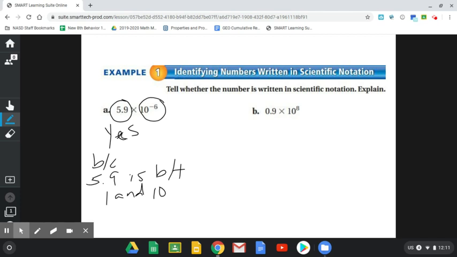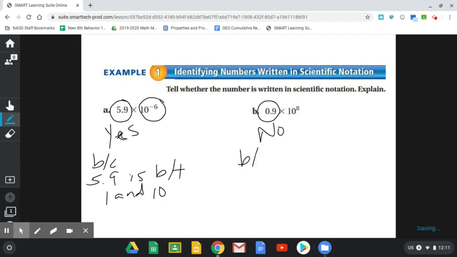All right, in example B, we're going to take a look at our first factor. Our first factor is 0.9. This is not between 1 and 10. It's less than 1. So therefore, automatically, this is a no. This is not in scientific notation because the first factor is not between 1 and 10.